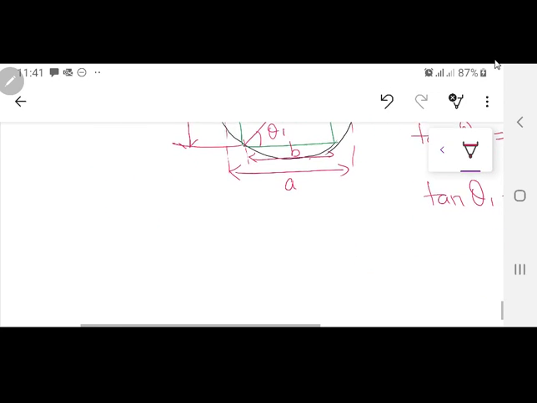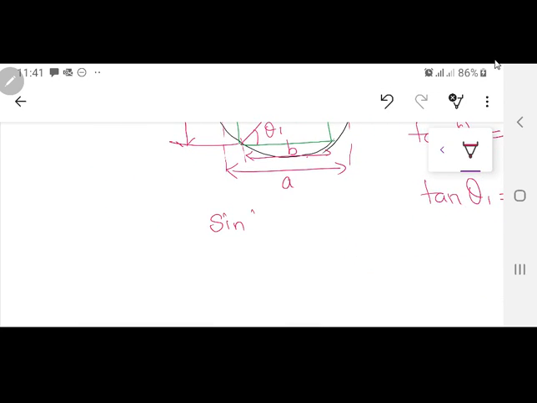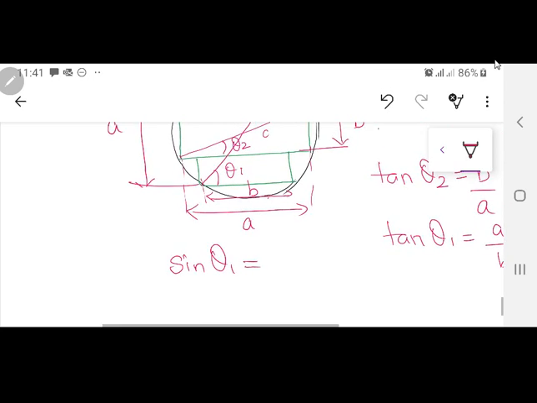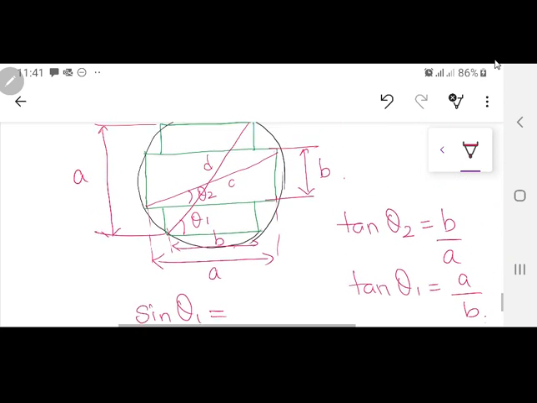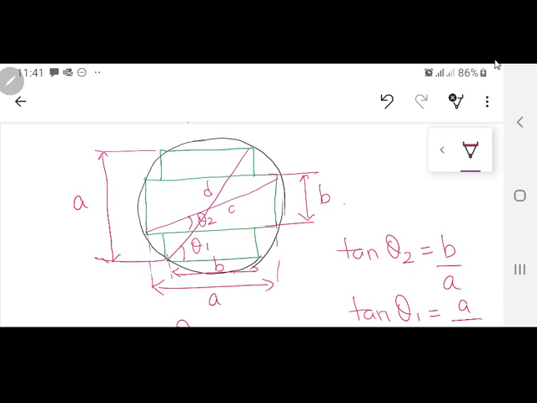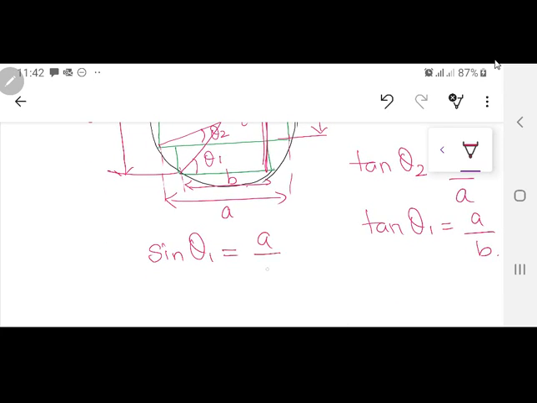You have to use sin over here. What is sin theta 1 equal to? Sin theta 1. A over D. Sine is perpendicular over hypotenuse. What is perpendicular? This is this distance, and this is hypotenuse. So this is A over D. What is cos of theta 2?